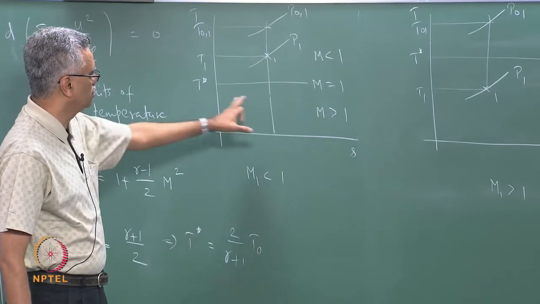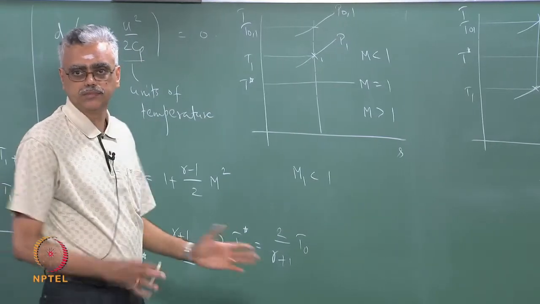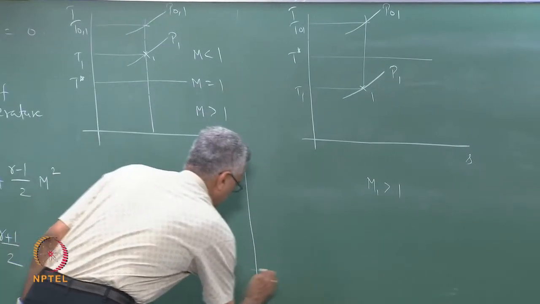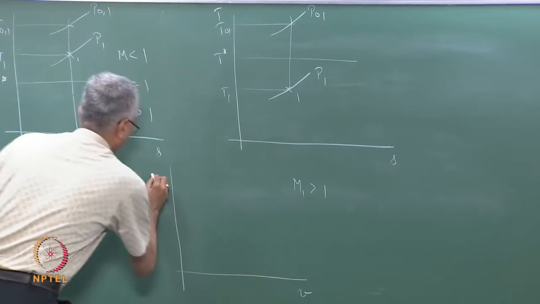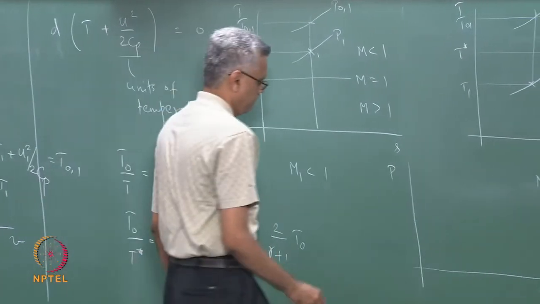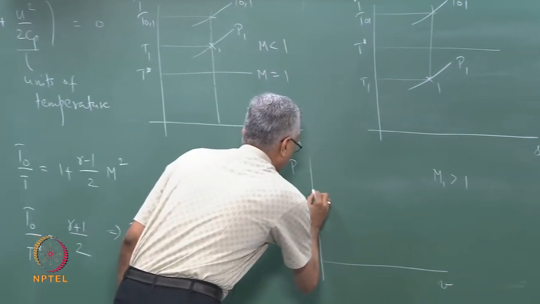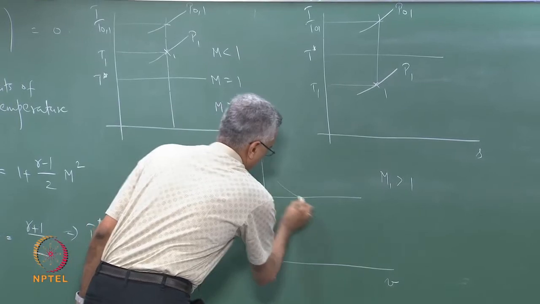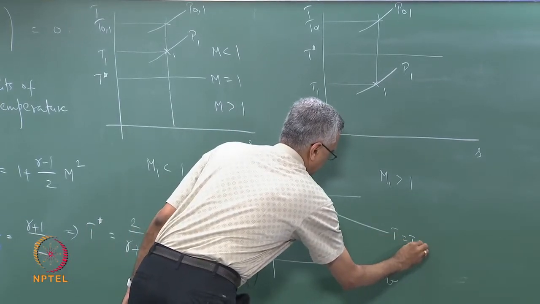Now, let us try to show this information on a PV diagram just for the sake of completeness. So, if you remember our PV diagram, I am going to redraw the PV diagram. So, this is let us say P1 and this let us say is T1.